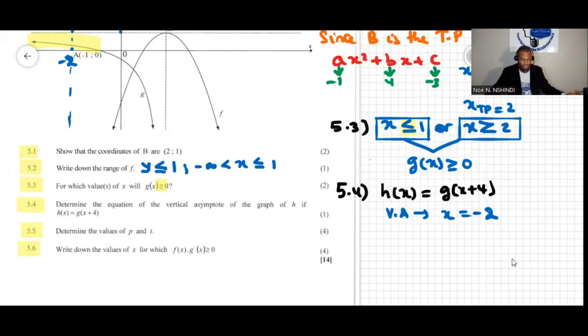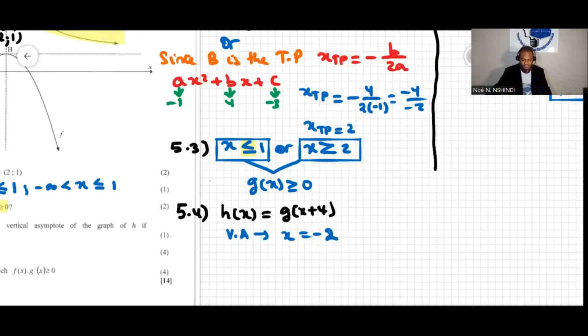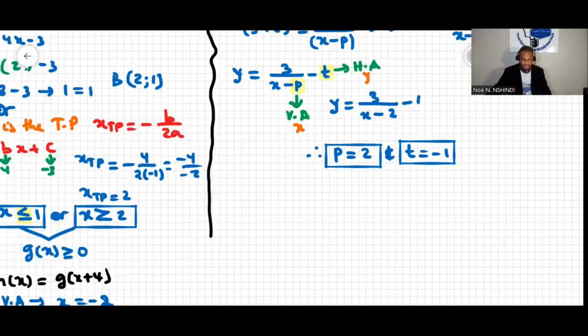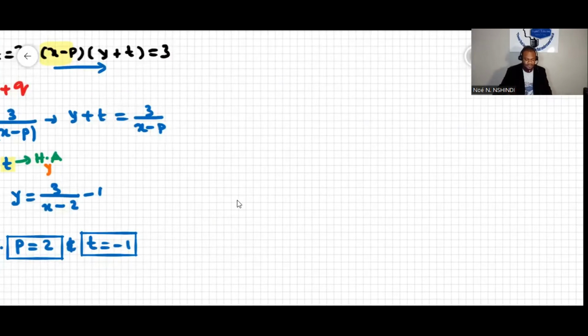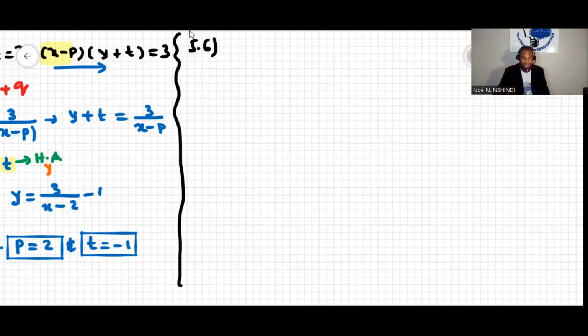I want to move my board over here. We're going to do question 5.6 now. The question says we need to show that f of x multiplied by g prime of x is greater than or equal to 0.